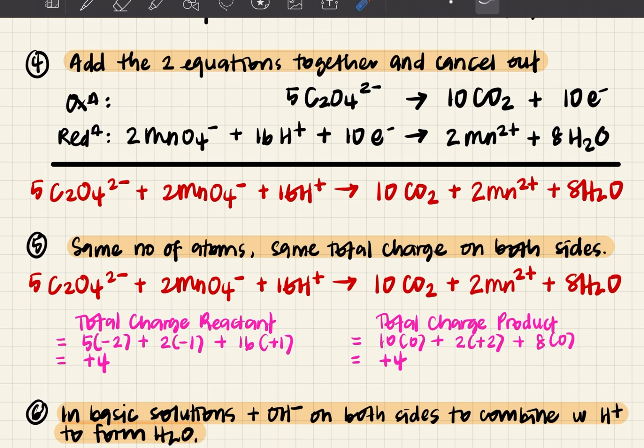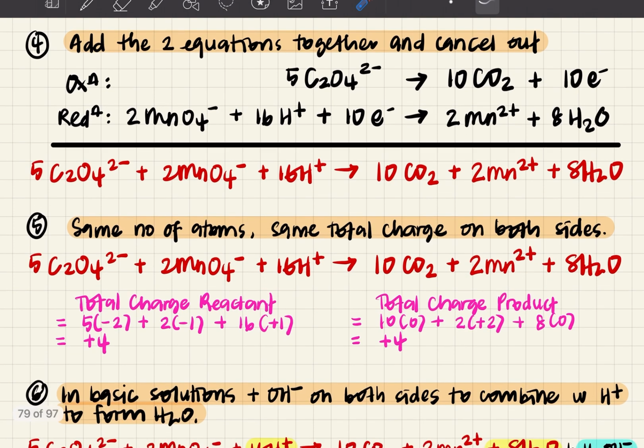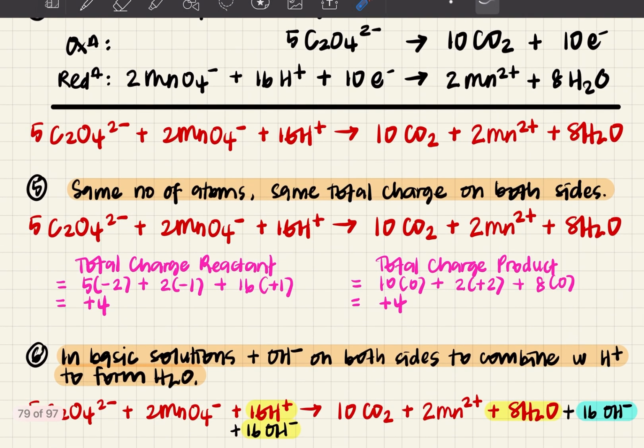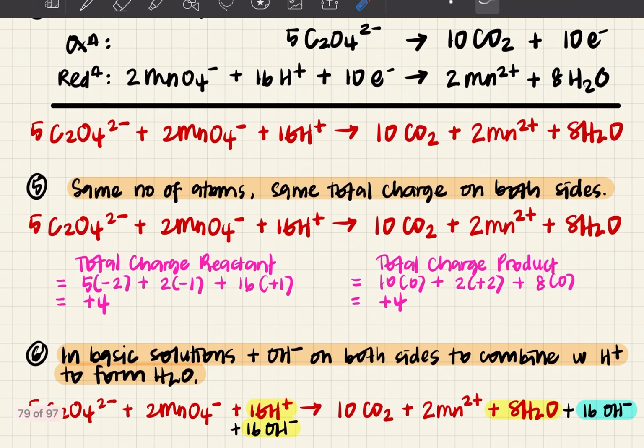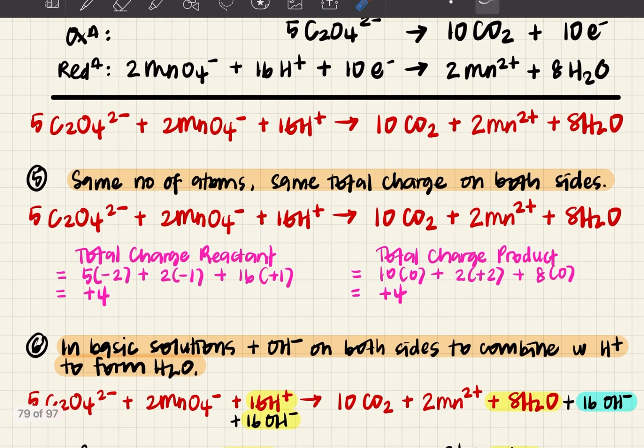Okay, so that means that you have to add 16 OH minus on your left side and 16 OH minus on your right side as well. Okay, so let's do that. Okay, if you look here, I already added. Since we have 16 H plus, I will add 16 OH minus on my left and 16 OH minus on my right. Okay, what will we do next?